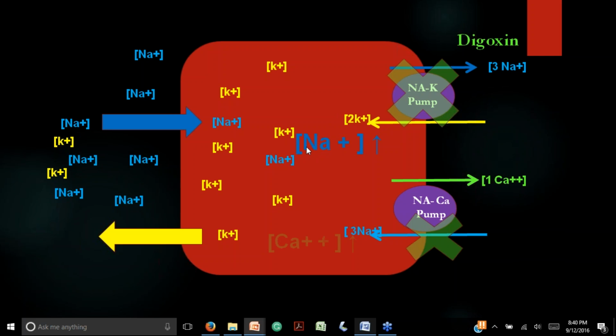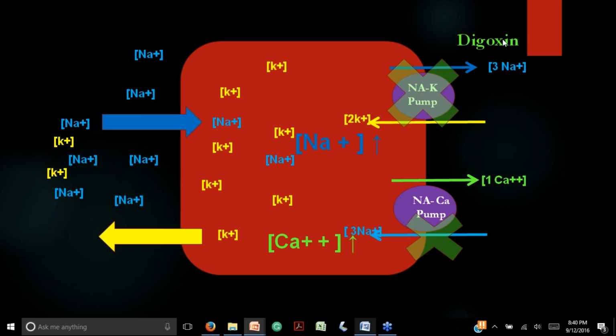In addition to that, because you have a high concentration of sodium in the cell, the sodium calcium pump is inhibited, so sodium is not going to enter the cell. So the calcium cannot go out, and calcium starts accumulating in the cell.